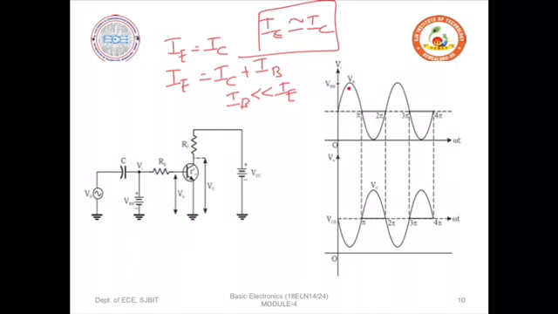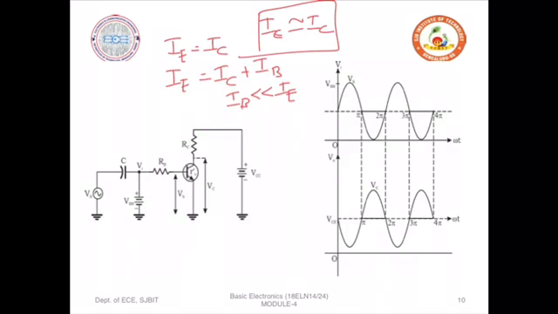This VBB is connected in series with the base resistor RB according to the circuit diagram. The DC bias voltage VCC is connected to the collector through the collector resistor RC.